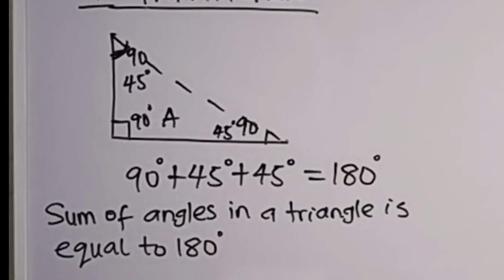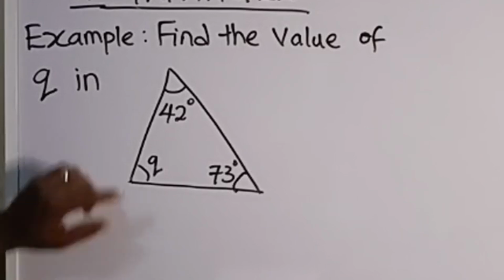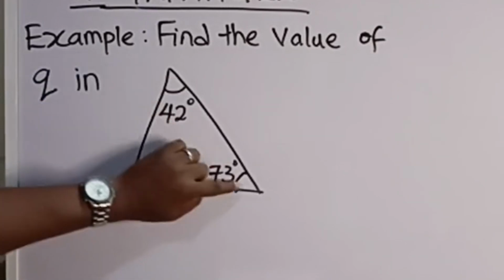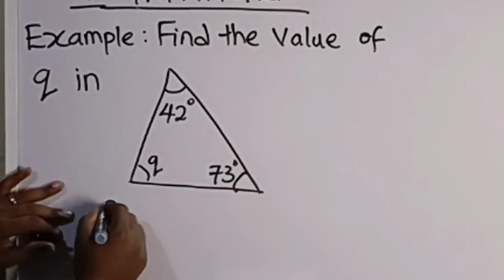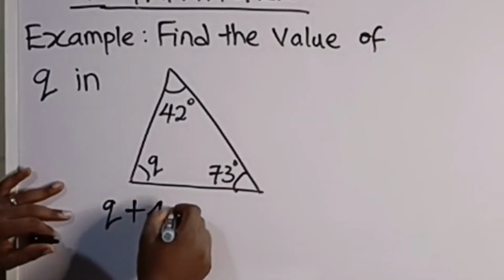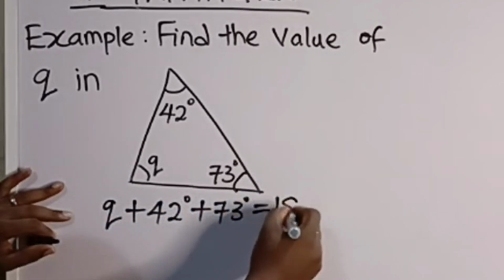So let's solve an example. We want to find the value of Q in this particular question. We have already found out that the sum of angles in a triangle is equal to 180 degrees. This means this angle plus this angle plus this angle is going to give you 180 degrees. So let's write that down. Q plus 42 degrees plus 73 degrees is equal to 180 degrees.